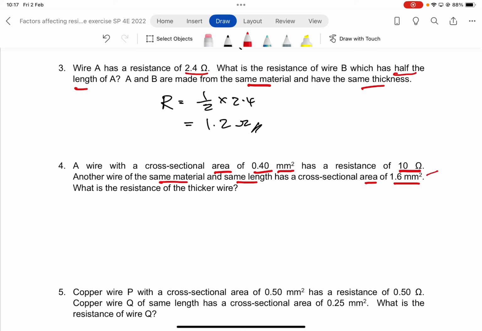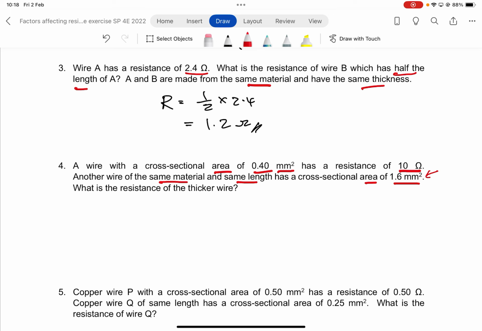Check that the unit is the same. As long as it's the same, you don't need to bother whether it's cm square or mm square. It doesn't matter because what we are doing is comparing between the old wire and the new wire. So as long as the units are the same, you can compare.